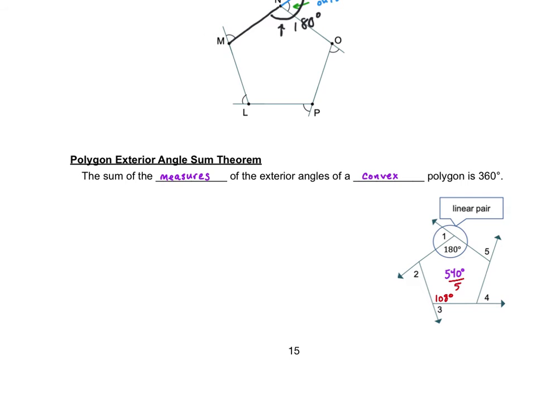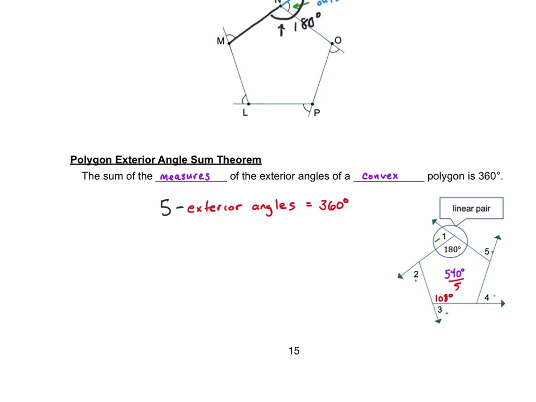We're going to come back to it, and we're going to talk about those exterior angle sum theorems. So it's telling us that the exterior angles are going to sum to 360 degrees. In the case of this polygon, I have 5 exterior angles, so my 5 exterior angles are going to equal 360 degrees.